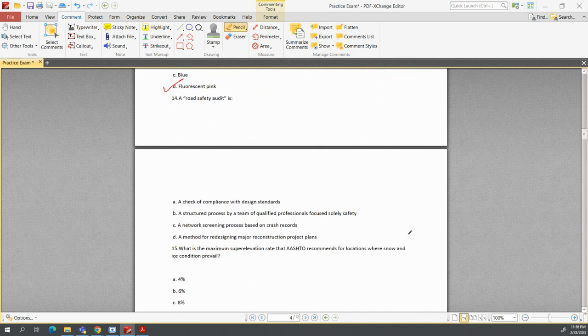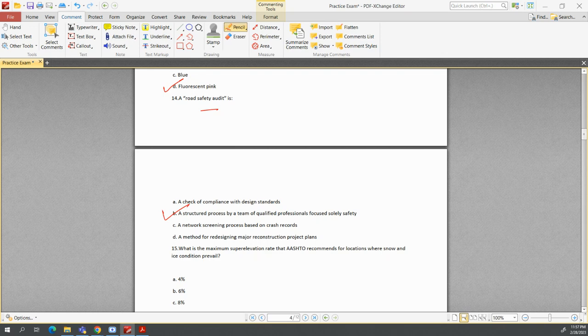So the next question: what does a road safety audit do? A check of compliance with design standards? No, that is the work of a designer. A structured process by a team of qualified professionals focused solely on safety? Correct, this is the right answer. The network screening process based on crash records?